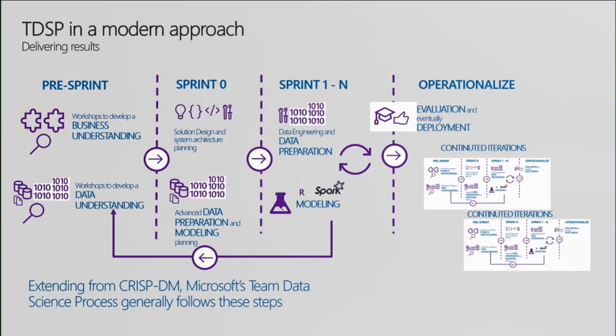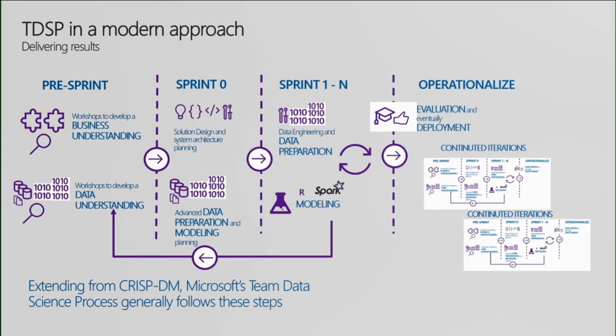But as soon as we move into sprint zero and the different sprint cycles, we try to start working in this iterative solution with our customer, okay? And at the end, as soon as we finish, we go into the operationalization steps, where we try to put everything together, okay?